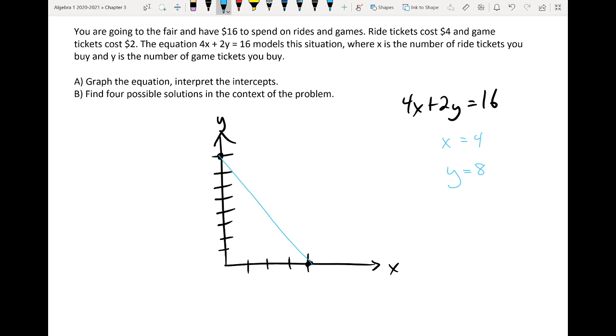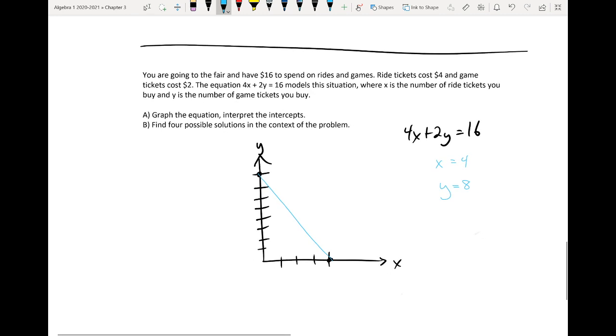Okay, we can't have fractional tickets. And remember, X means ride tickets, and Y means game tickets, okay? So we have 2 quick ones that are very simple.